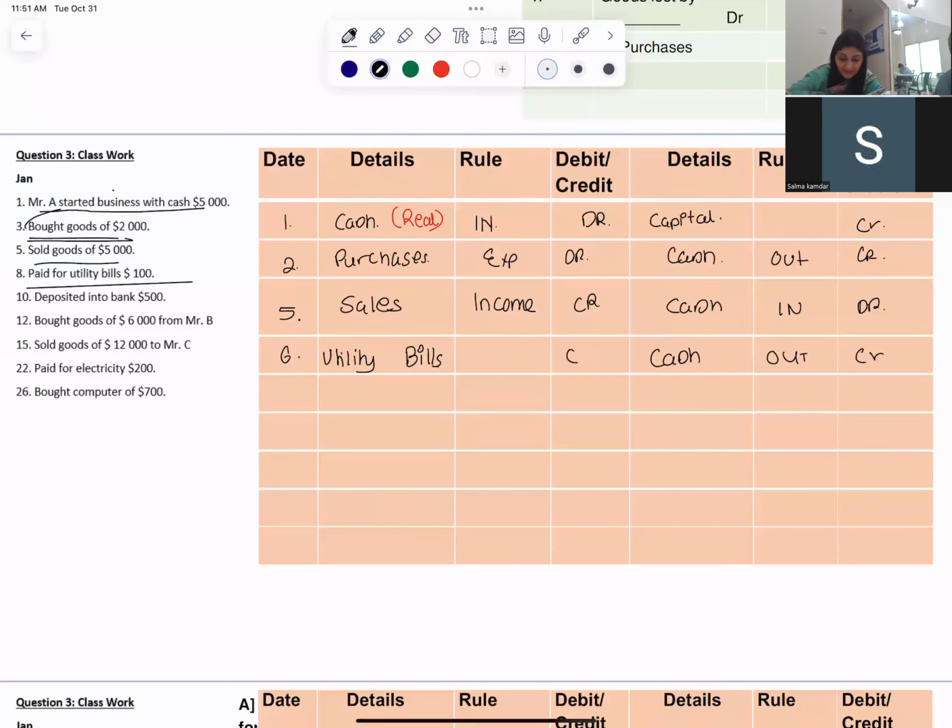What is the account for expenses? Nominal account. What is the golden rule for nominal account? So utility bill is an expense, so it is debited. And cash is going out, so it is credited. Next one.